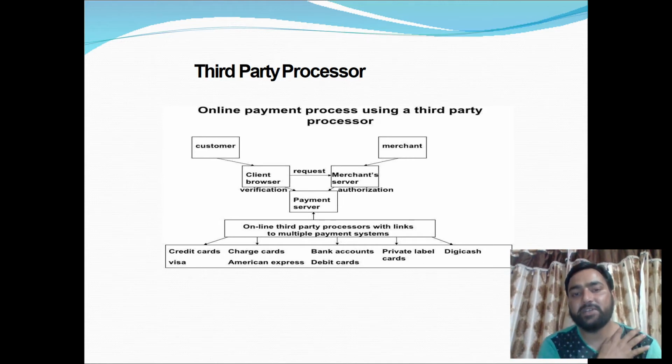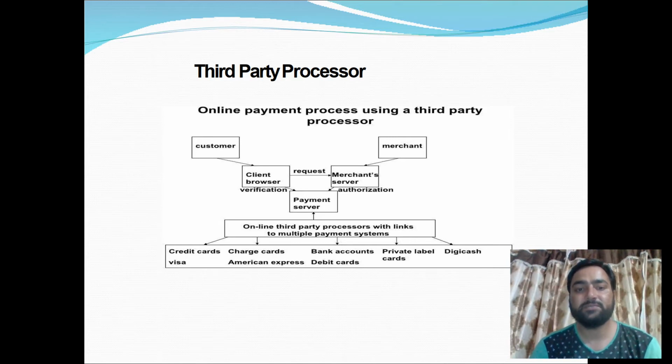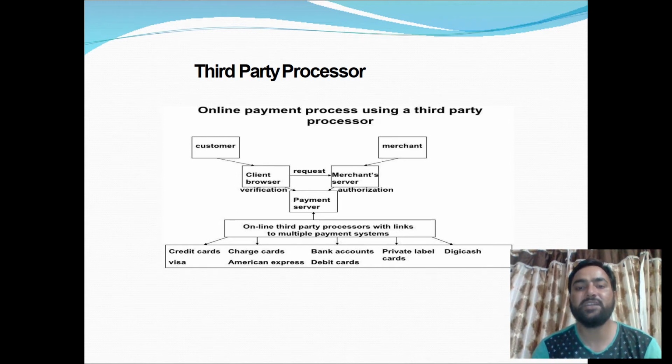Then that particular request by the browser, when making the payment, goes to the payment server, a third party processor, which is an online third-party processor with links to multiple payment systems.